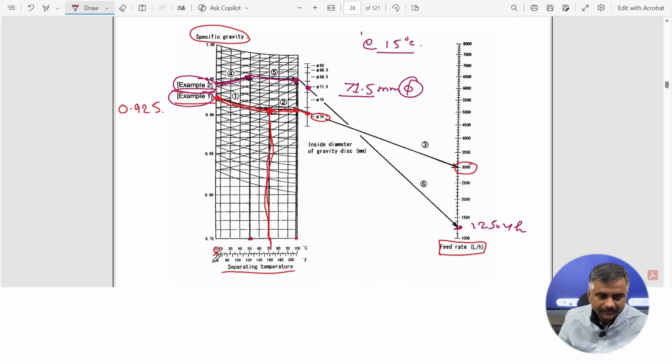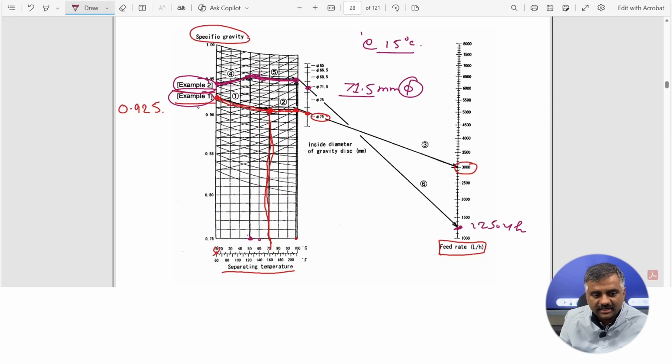And since we are not aware at 15 degrees centigrade, the nomogram asks us to take an upward rising curve like this and match it with the 50 degrees centigrade, or say we are aware of the specific gravity at 60 degrees centigrade, so we will match it here at 60 degrees centigrade. Somewhat like this, match it at 60 degrees centigrade, and then join it again. Now at this point we take a downward, falling curve. So first the rising curve, then the falling curve.